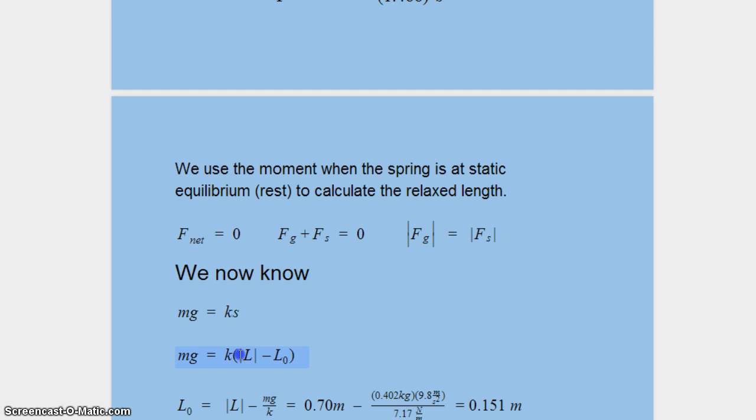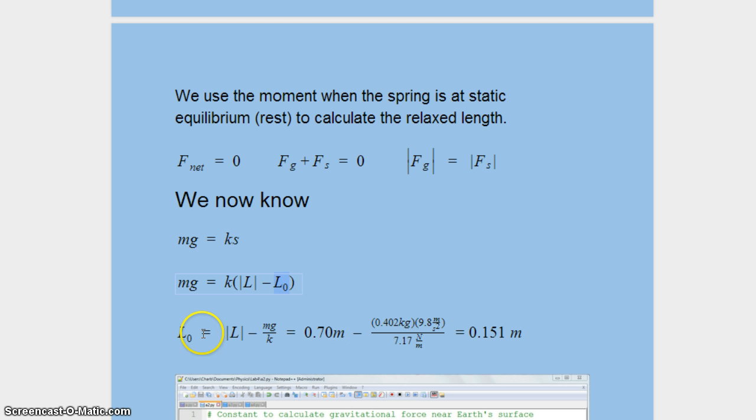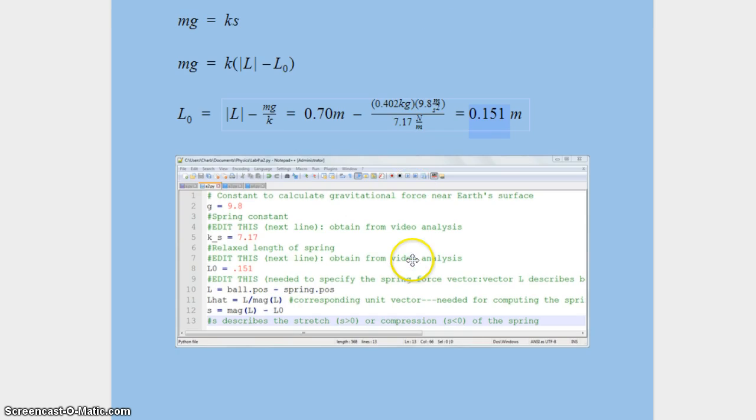The stretch is equal to the length that the spring is stretched to minus its relaxed length. So once again, solving algebraically for its relaxed length, we plug in all of our values. Our initial value for L is 0.7 meters, which we know from the video, and we find that our relaxed length is 0.151 meters. So then we plug all those into Tracker.